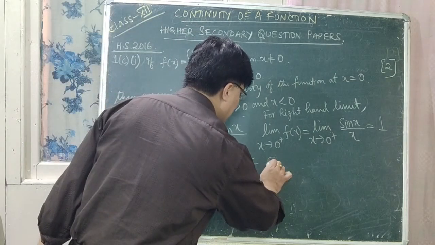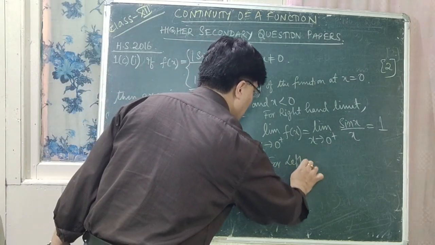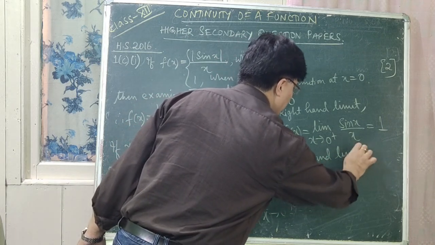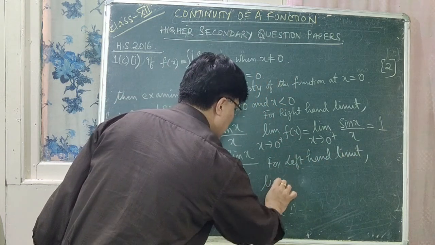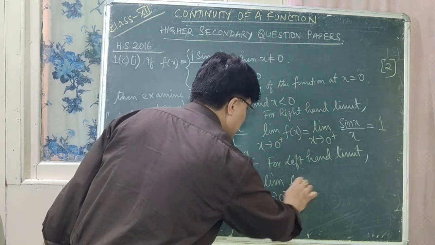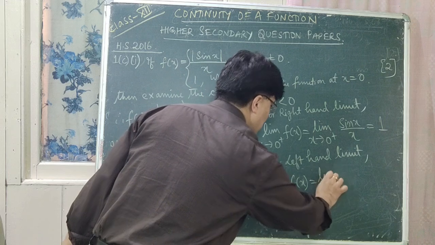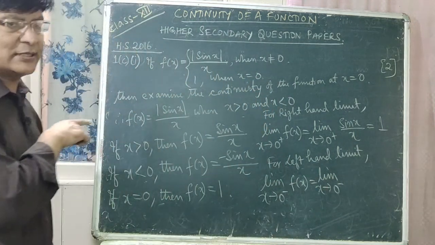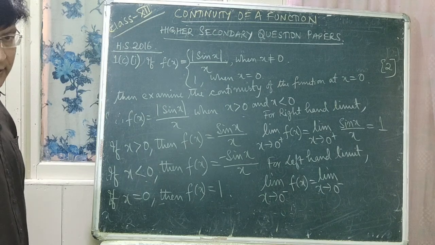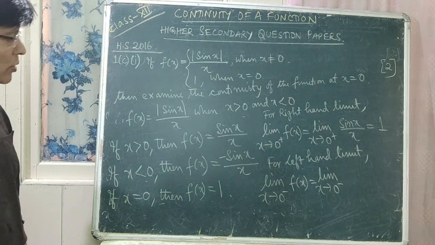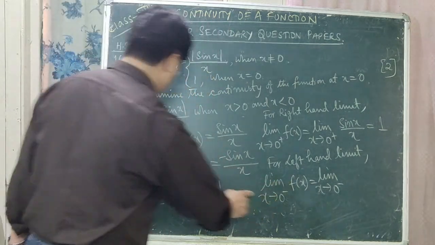So for left hand limit, limit x tends to 0 minus f of x is equal to limit x tends to 0 minus. You know that x is approaching 0 from the left hand side, and on the left of x equal to 0, all the values of x are less than 0. So what is the value for f of x when x is less than 0?